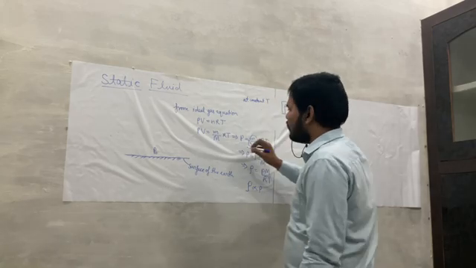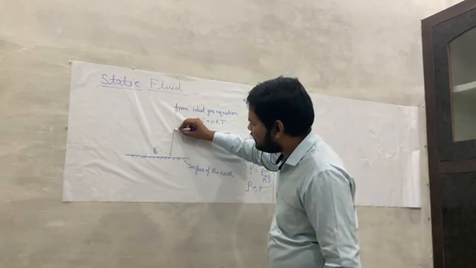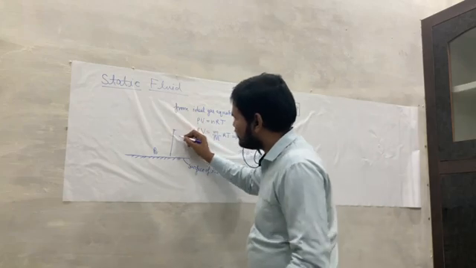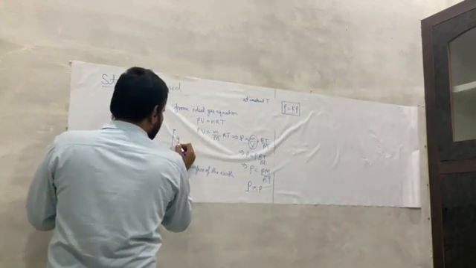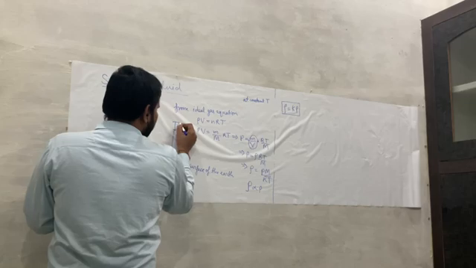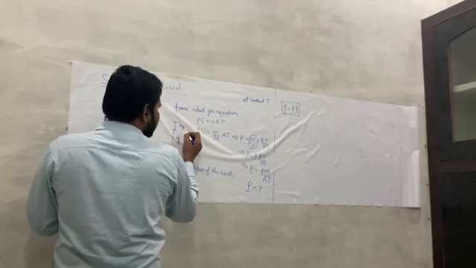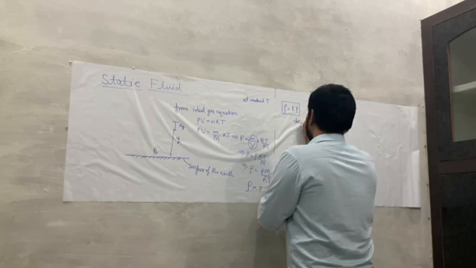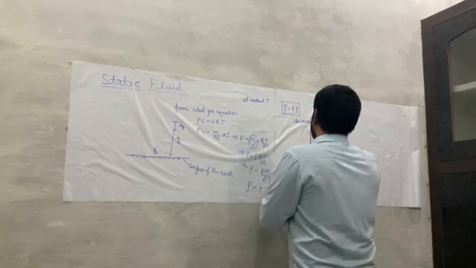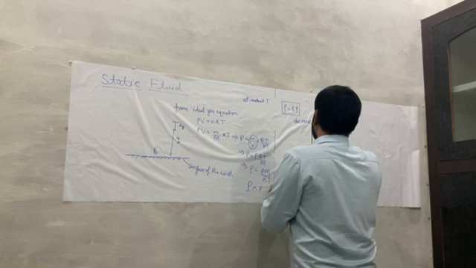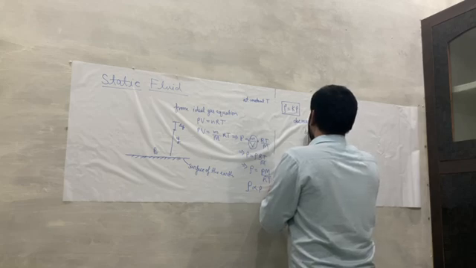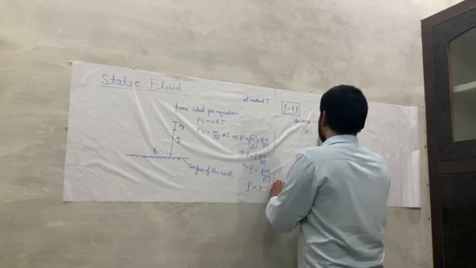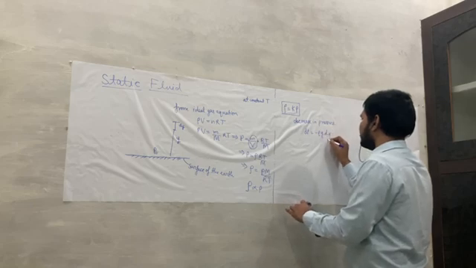Suppose we are at height y and we go upward by dy. Then pressure decreases: dP equals minus rho g dy.